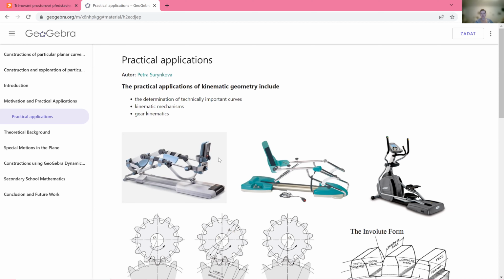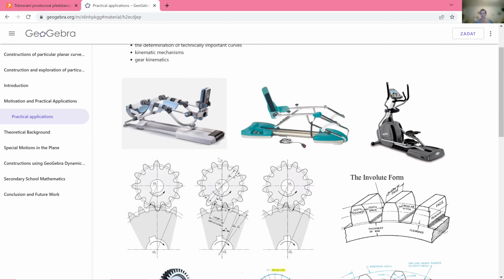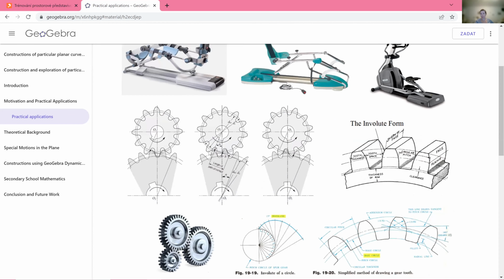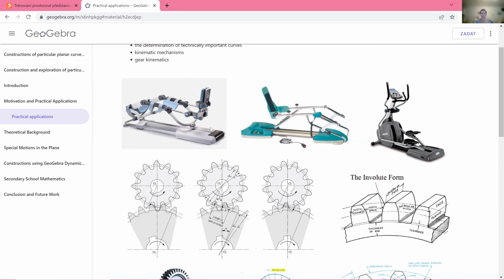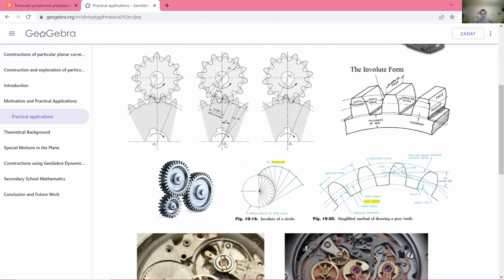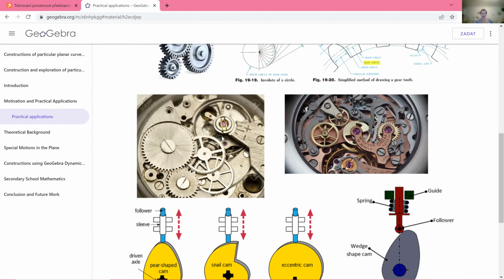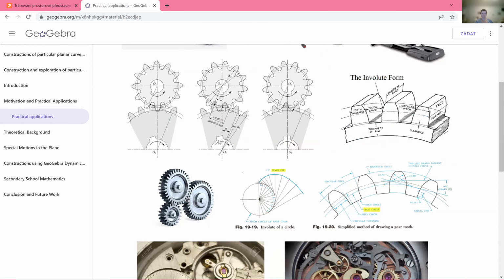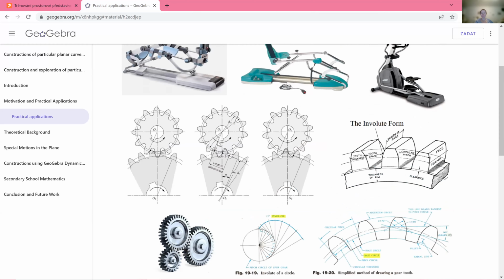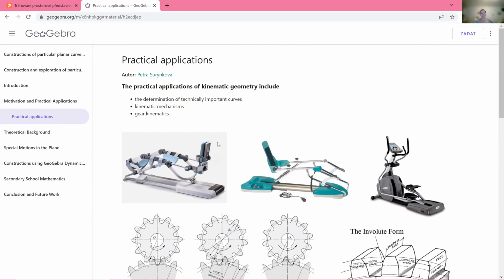Here you can see that kinematic geometry, and also geometry in general, can be seen in many practical applications, like some medical tools, medical machines, gears, and some mechanisms. So I think there is no doubt that geometry is very practical and very useful for many fields.